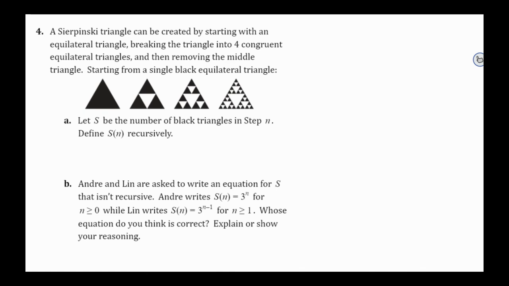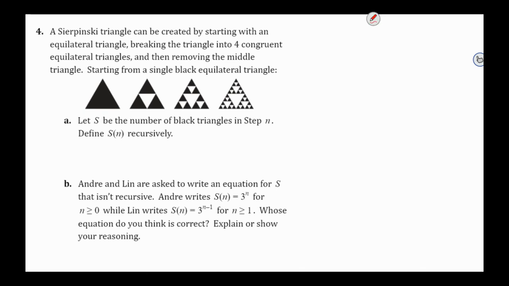Okay, these triangles should look familiar because they were on homework 53. It's the same triangles. They were created by starting with an equilateral triangle, breaking that into 4 congruent triangles, and then removing the middle one. Starting from a single black equilateral triangle, this is what it looks like. Part A says let S be the number of black triangles in step n, and define that recursively.